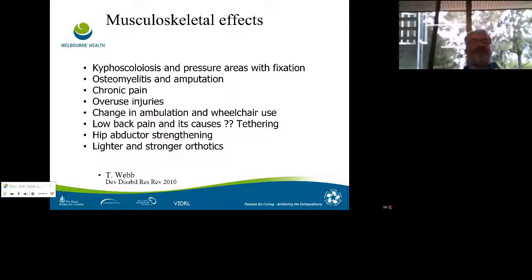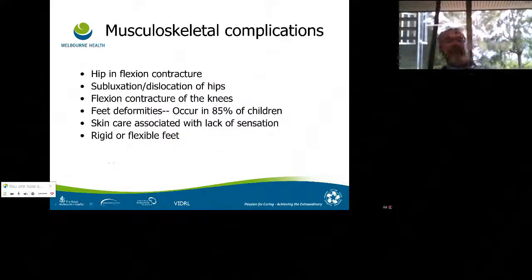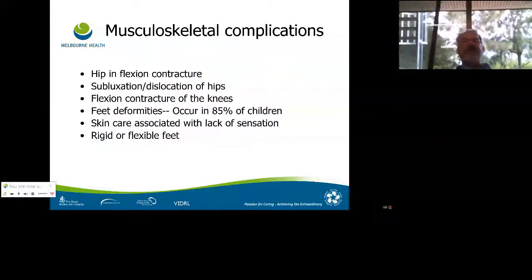And in terms of especially the ambulant patients, there's a need for lighter and stronger orthoses, especially in terms of weight gain. There is hip flexion deformity. There can be subluxation and dislocation of hips in high-level lesions, although to a lesser extent than in cerebral palsy. Obviously, flexion contracture of the knees is potentially common in wheelchair users.